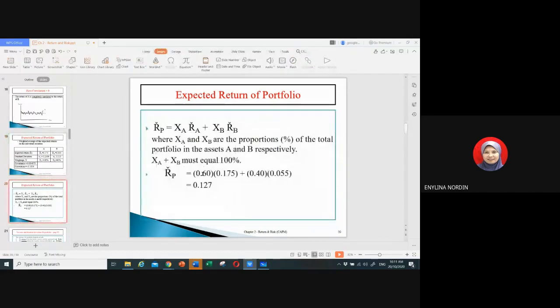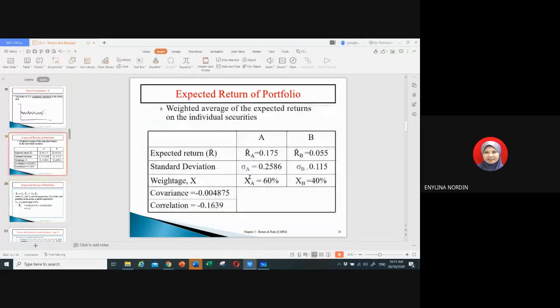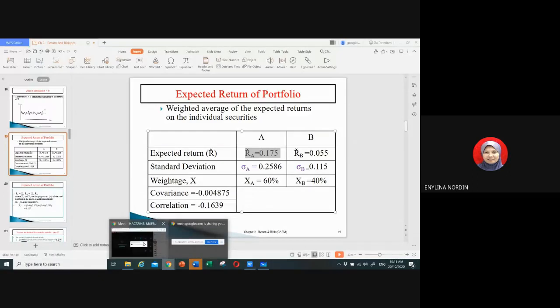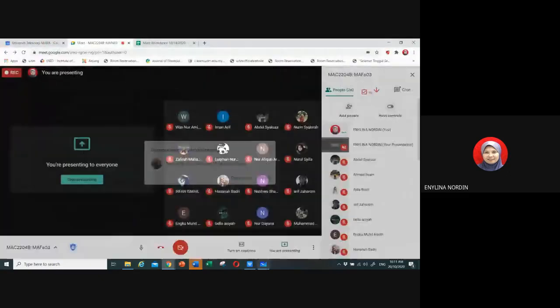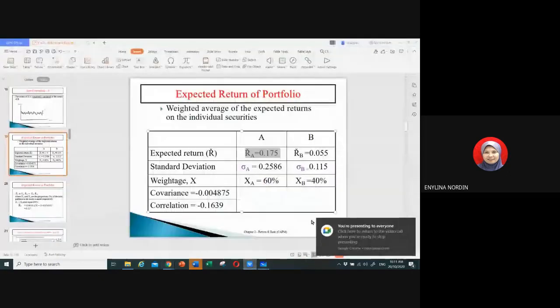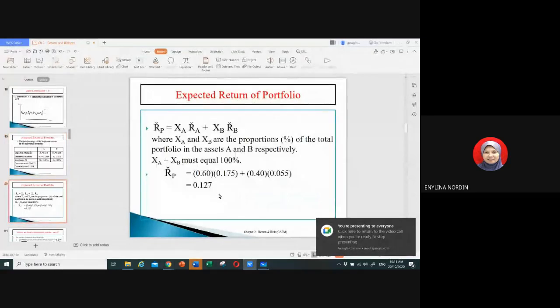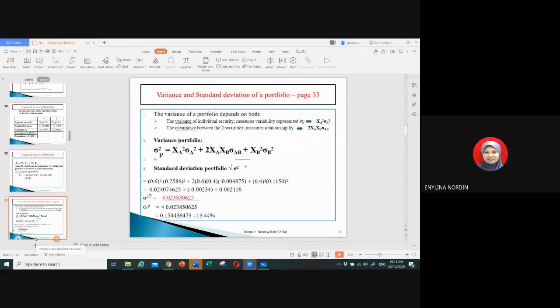So 0.6 times the expected returns from the previous calculations of the individual stocks, 17.5% and then 5.5%, and then you will get 12.7%. Okay?